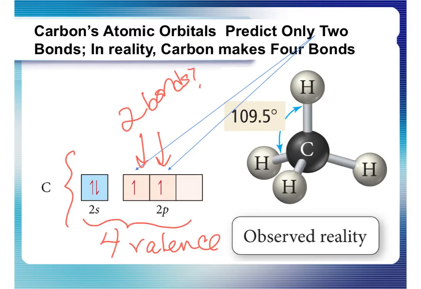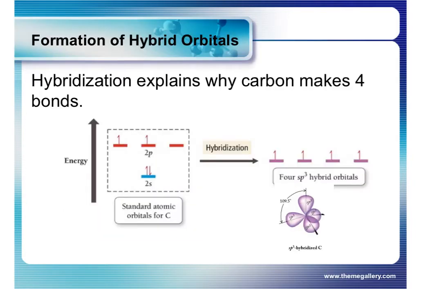So how does the valence bond theory or hybridization theory account for the 4 bonds that carbon makes? What the hybridization theory says is that one of the electrons from the s atomic orbital gets promoted to one of the empty p orbitals.